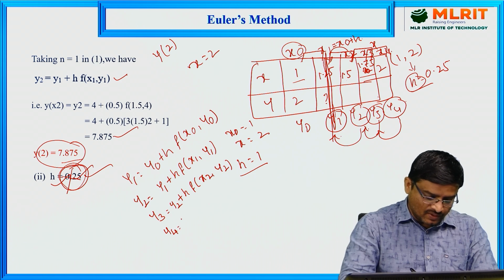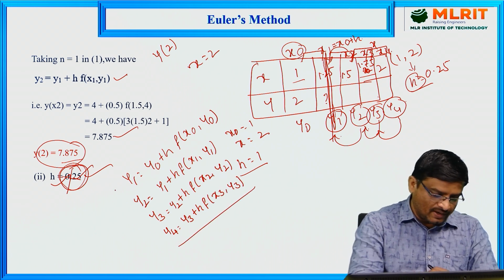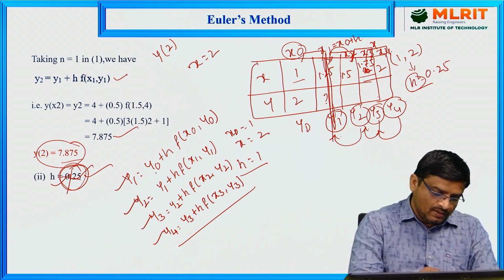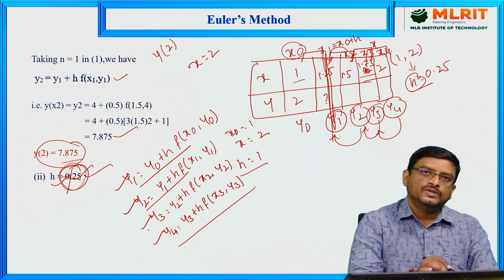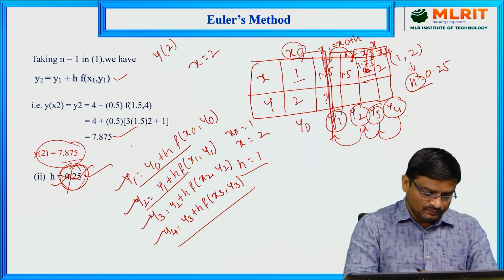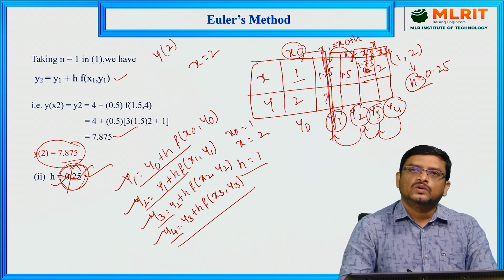So you will get y4 is equal to y3 plus h into f of x3 comma y3. Use these formulas to find y1, y2, y3, y4. Already we have discussed how to find y1 and y2 in the previous slide. Now use this to find y3 and y4. Simplify this, you will get our required values here.